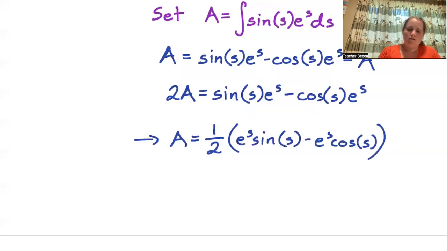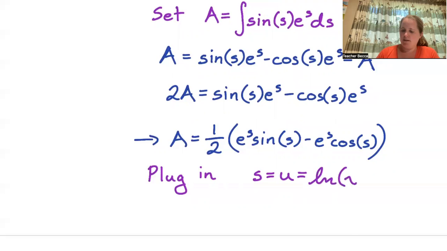At this point, we will plug back in the fact that s is equal to u, which was equal to the natural log of x.